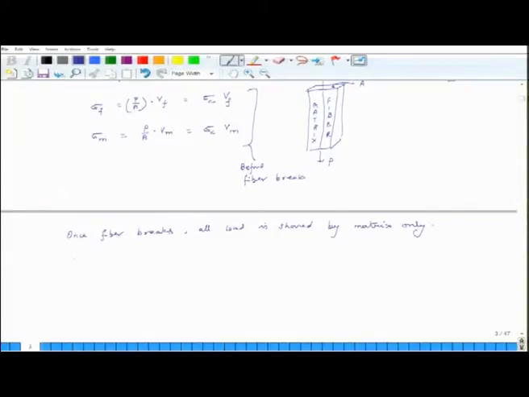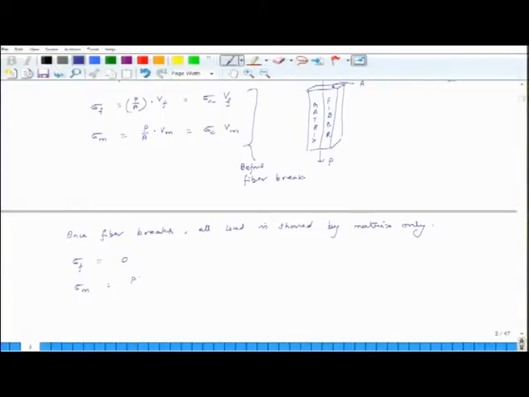So, in that case, sigma F, the stress in fiber, is 0. And what is the stress in matrix?